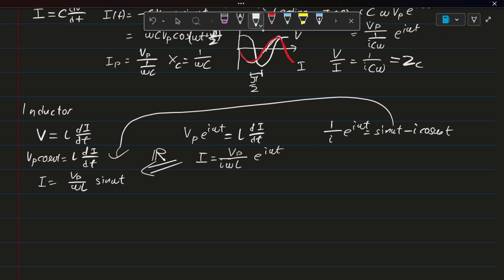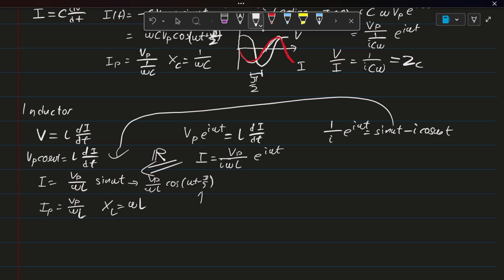And so what we get from here is that the peak would be Vp over omega L, which means our reactance will be omega L. But we could also rewrite this as Vp over omega L cosine of omega t minus pi over 2, using the same logic as previously, in which you use the cosine a plus b.